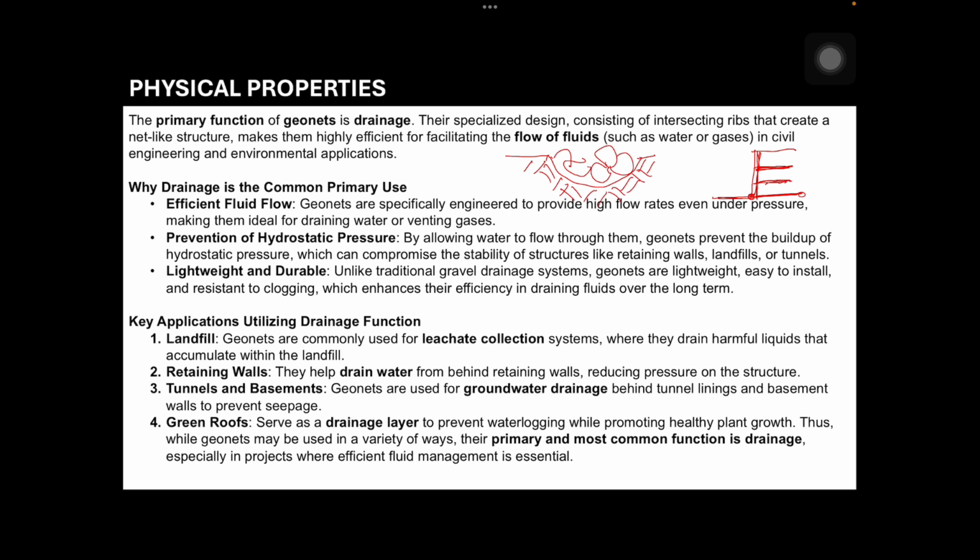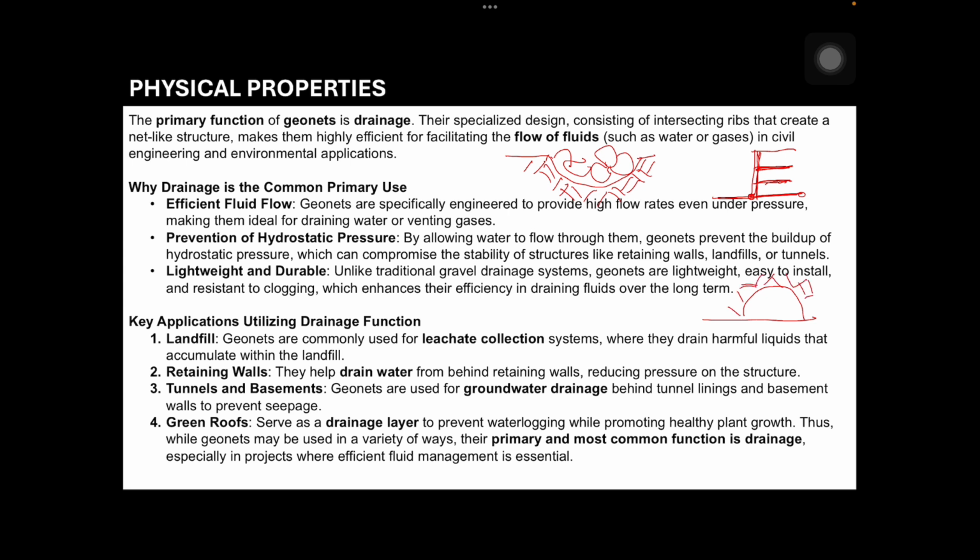Then, number 3, tunnels and basements. Geonets are used for groundwater drainage behind tunnel linings and basement walls to prevent seepage. So, may mga tunnels tayo, like yung mga train tunnels natin.